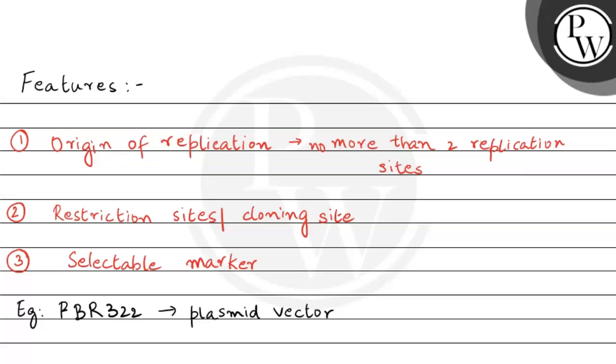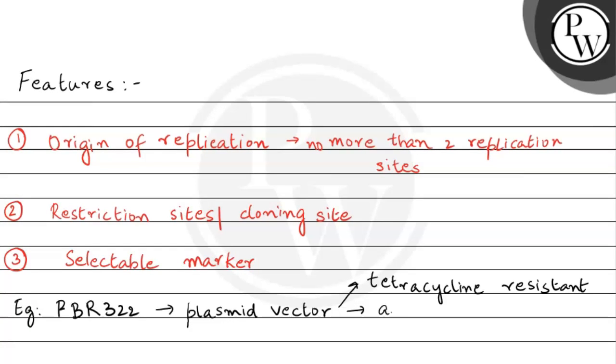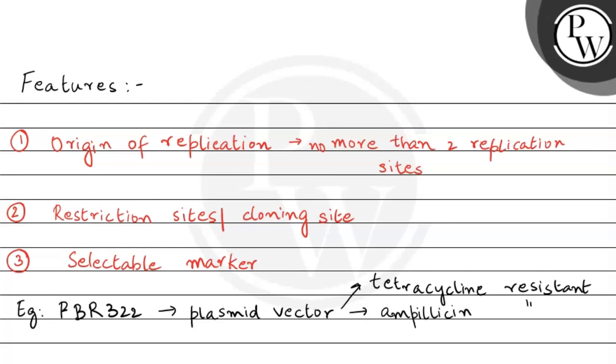The selectable markers present in PBR322 are, the first one is the tetracycline resistant gene, and the second is the ampicillin resistant gene. So both of these are the selectable markers in PBR322.